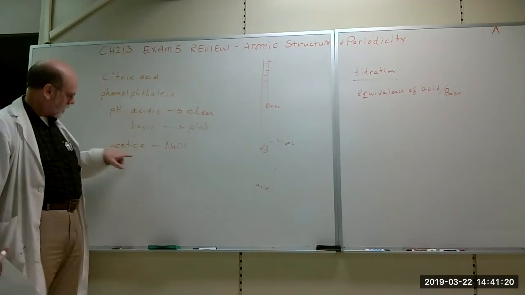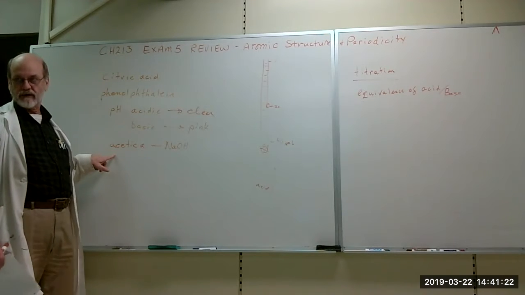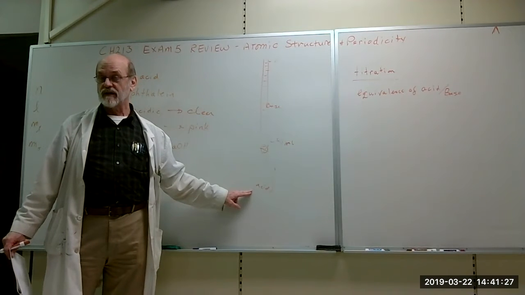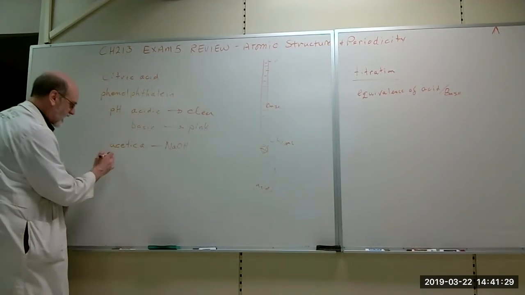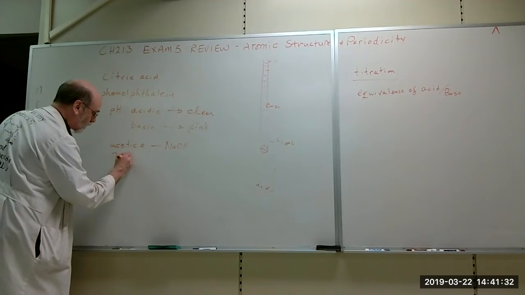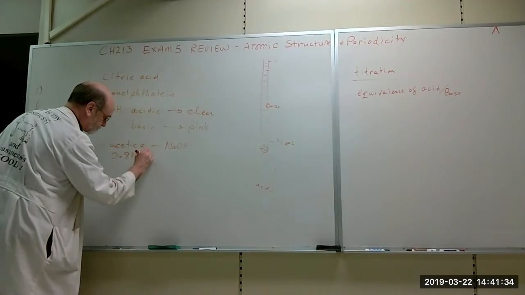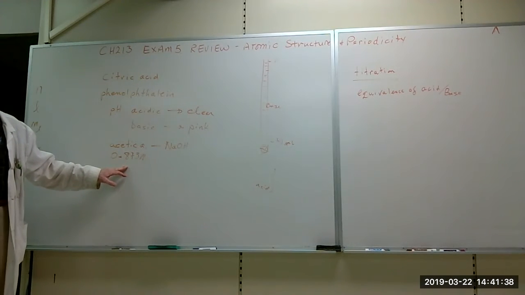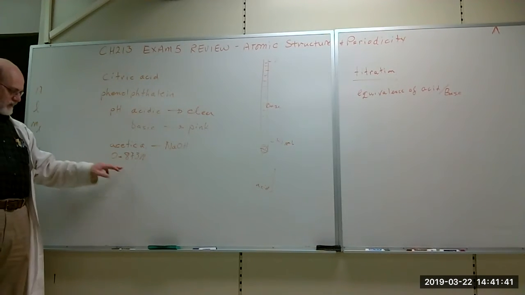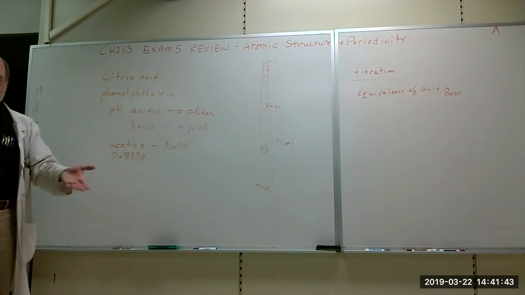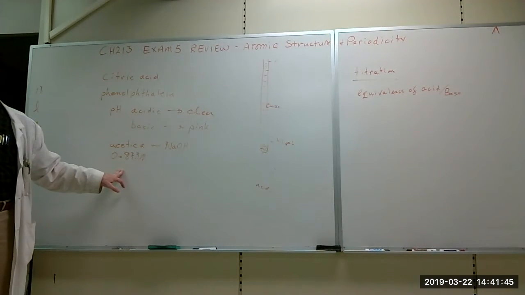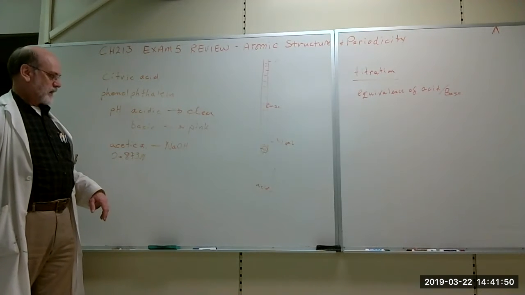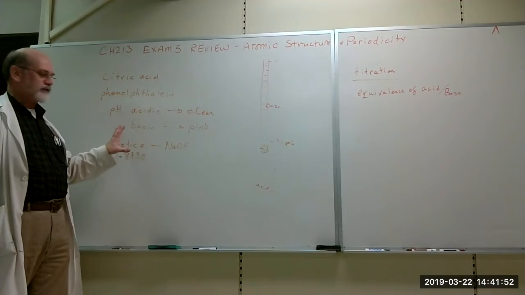We know the number of moles here exactly, because we're going to add exactly 10 milliliters of this acetic acid, and it has a known concentration of 0.873 molar. It's very stable over long periods of time. So I bought it, and it is that concentration.